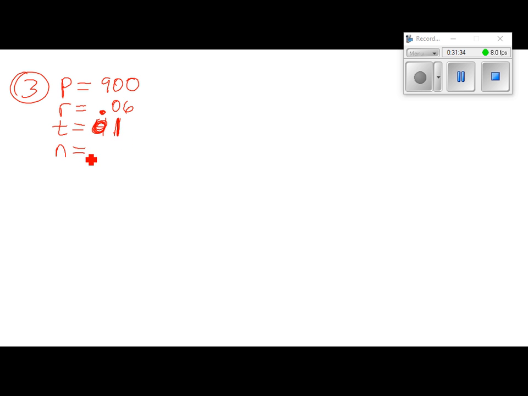Then what's our n? How many times per year if we're doing it quarterly? Just so we can see if we're using the calculator correctly. The amount: our principal is 900, parentheses 1 plus our rate, .06 over 4, and then 4 times 1 year, which is just 4.